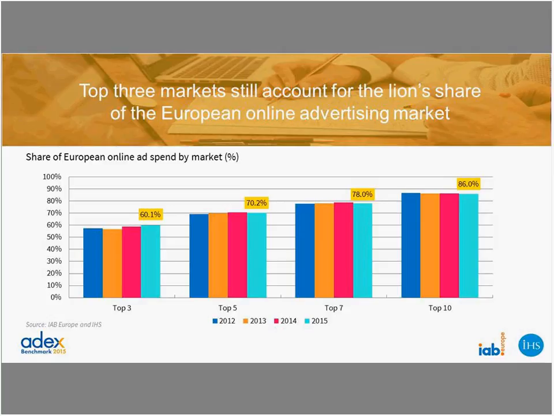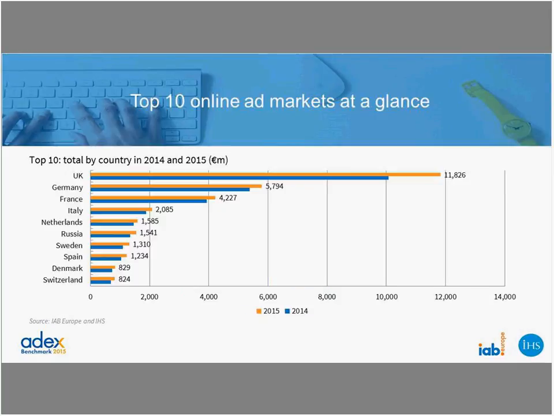Speaking of the top 10, let's now look at a ranking. The top 10 markets by country: UK, Germany, France, Italy, Netherlands, Russia, Sweden, Spain, Switzerland. Interestingly here, we can see markets with a large population base: UK, Germany, France, Italy, but also markets with much lower population than some of the other markets in the study, but which are very mature, with a very well developed online market, such as Denmark and Switzerland.